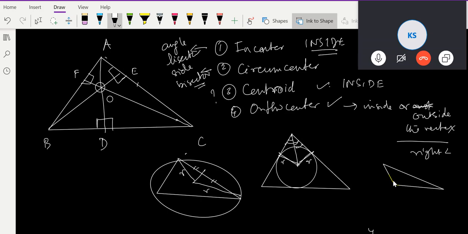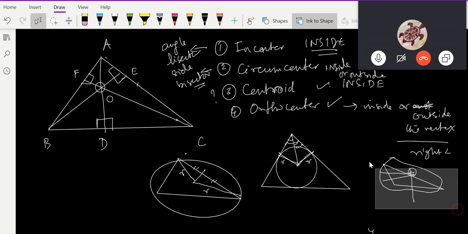In that case, the side bisectors can be like this, so it can lie somewhere here, outside.